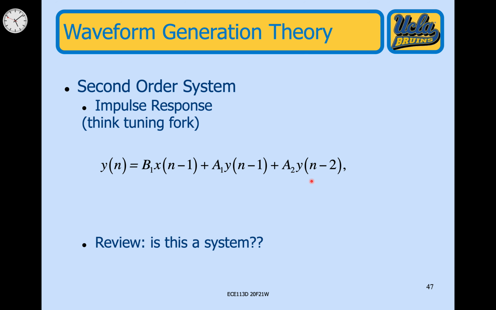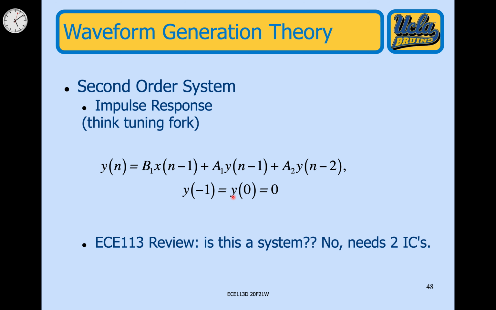So you're looking back 2 places. That's a second order equation. The question is, is it a system? And the answer, again, I'd wait for an answer from you guys, but I'll just give it to you: no, it's not. You need the initial conditions. If you remember that from 113, you need the initial conditions in order to make it a system.